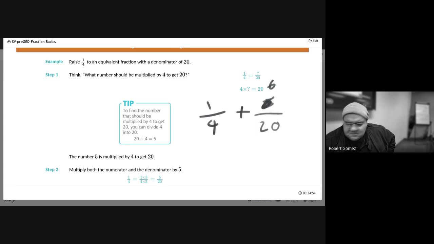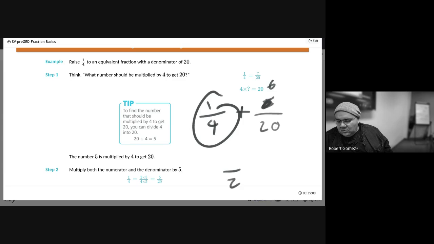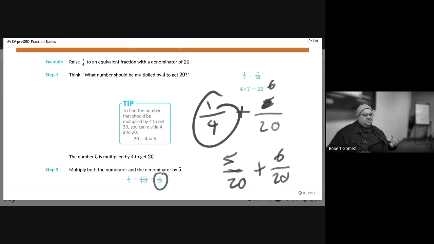All right, so let's say we have something like this. Well, if we have the ability to raise this 4 to have a 20 at the bottom, so if we know how to raise this to 5/20, guess what? We can now add that. There we go. So this is, like I said, powerful stuff.